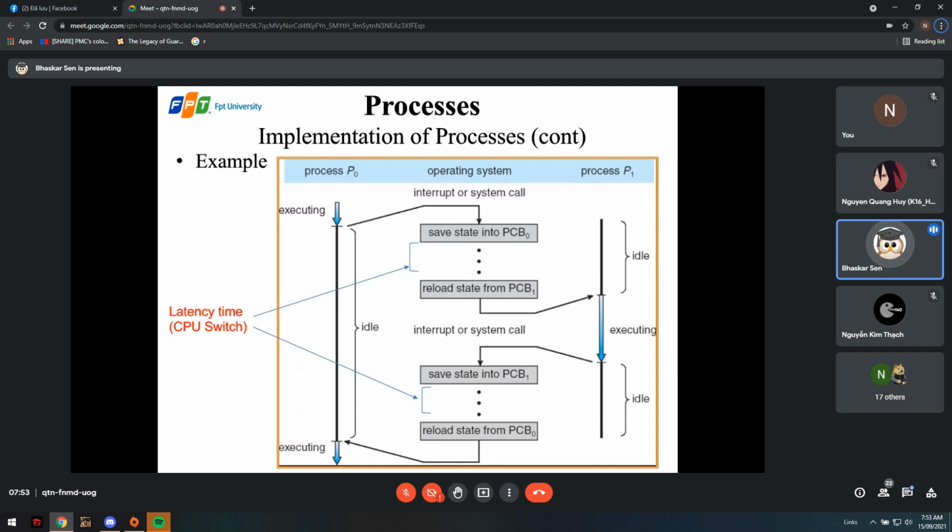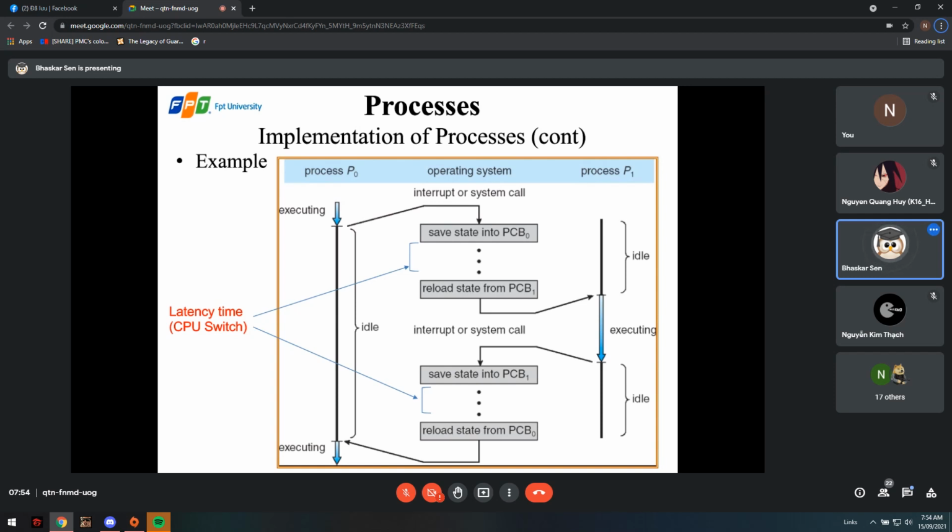But at the very beginning, the first thing it will do is to save its register values in the PCB. Okay? From the registers of the CPU, those values will be transferred immediately into the PCB, from one register to another register. And then it will do a number of other things.